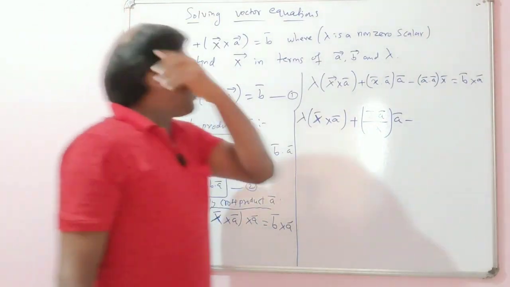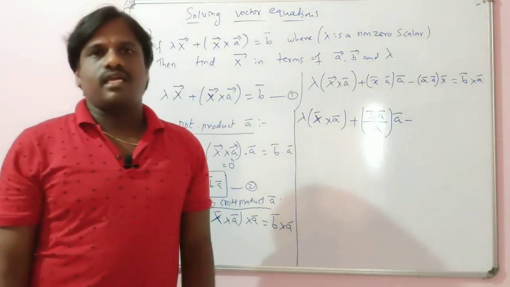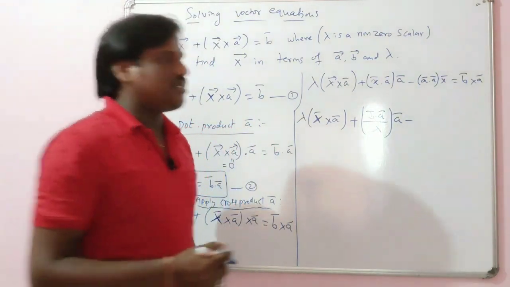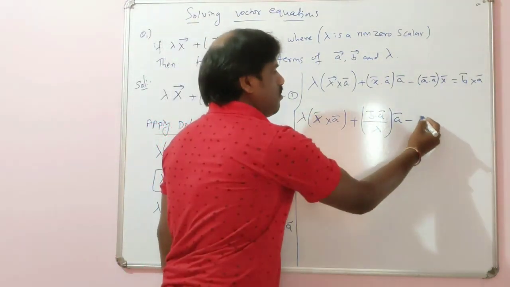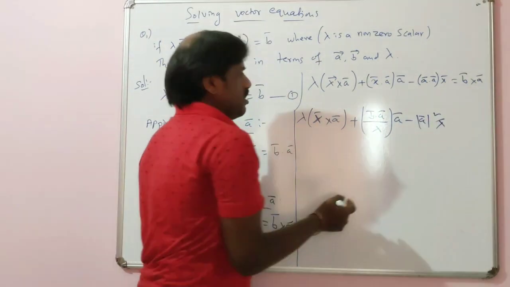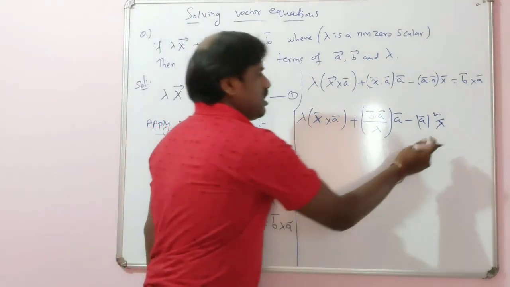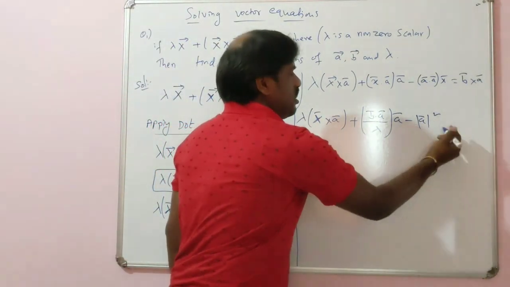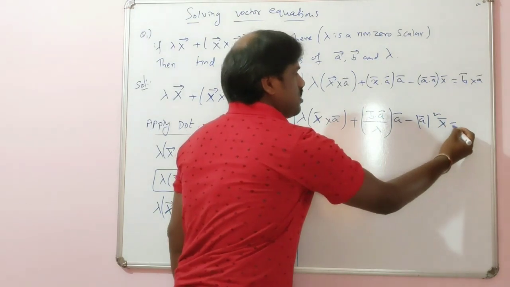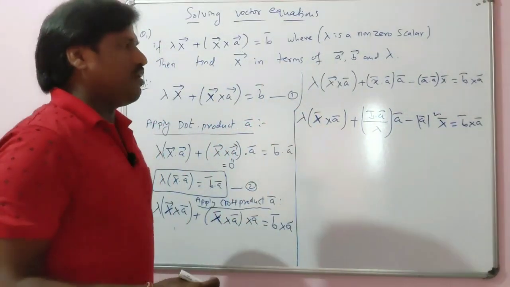So here, now what I was saying here, A dot A is mod A square, already we discussed this. So this is nothing but mod A square into x vector, right, into x vector, so is equal to B cross A. So this is what I got.